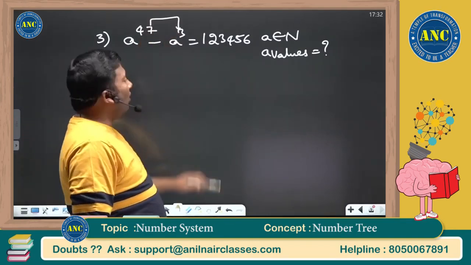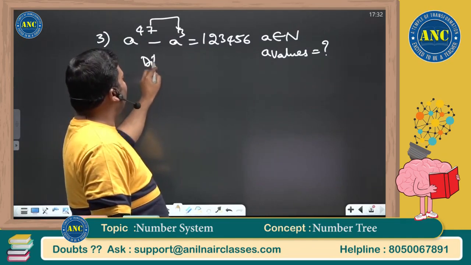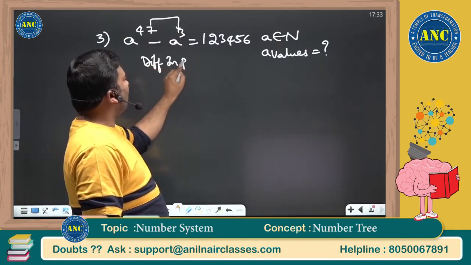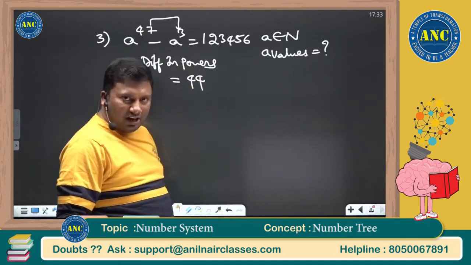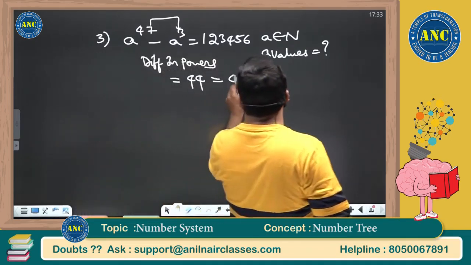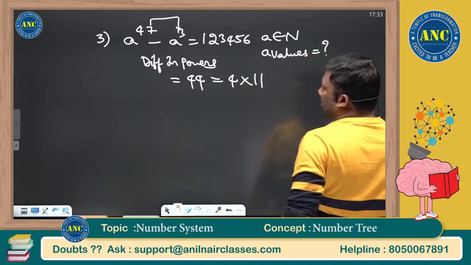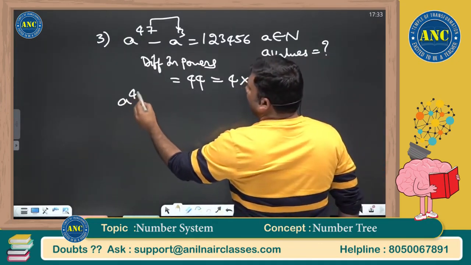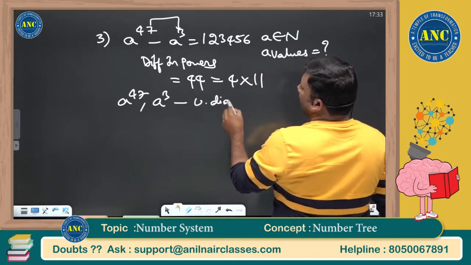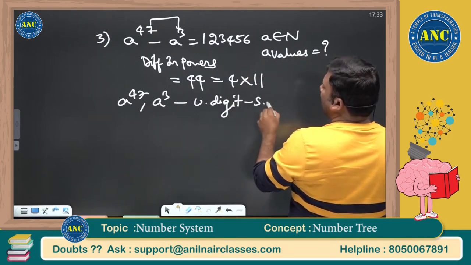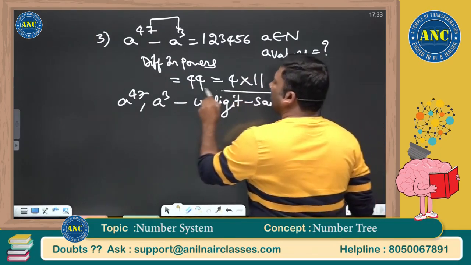47 and 3. What is the difference in the powers? The difference in the powers is nothing but 44. Is 44 a multiple of 4? Definitely yes. That means a power 47 and a cube, the unit digit will be the same.